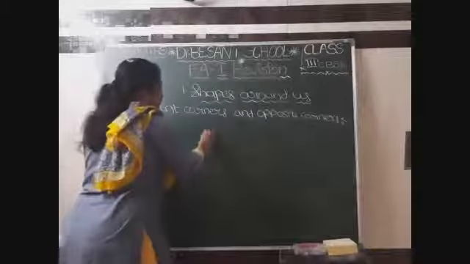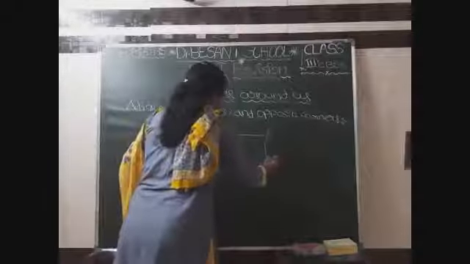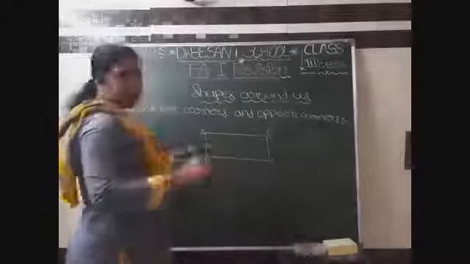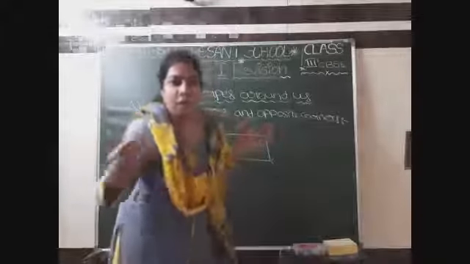Good. Now next, opposite corners. What is meant by opposite corners? Let's see, children. Now I am drawing the same rectangle again. A, B, C, D. Opposite corners means the corners which are opposite to each other.